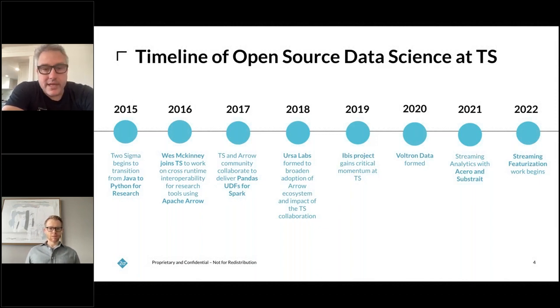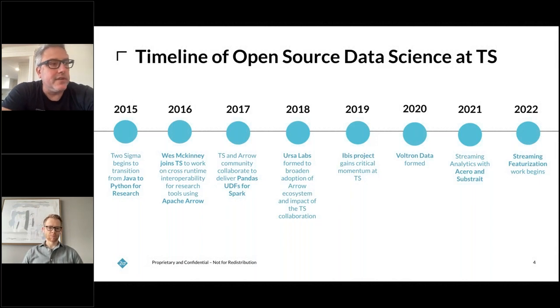My first step in making that transition was really to hire the best possible people I could to work with me on that, and I was lucky enough to hire Jeff Reback, who's currently the principal maintainer of pandas, and then hired Wes in 2016 to work with us together. When Wes joined, Arrow was just getting started, but we really adopted Arrow internally and worked to push that forward as a standard within Two Sigma.